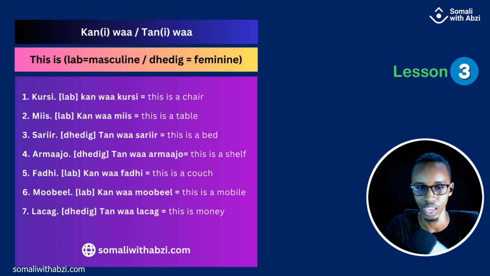So kani, people in northern Somalia use that most of the time, and kan, people in southern Somalia use that. Same as tani and tan. Just same meaning, but different regions, they use different ways. So in Mogadishu, we just use the shortened way, which is kan and tan.